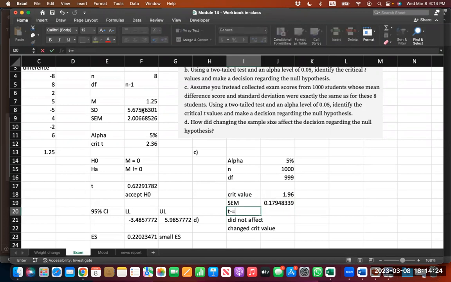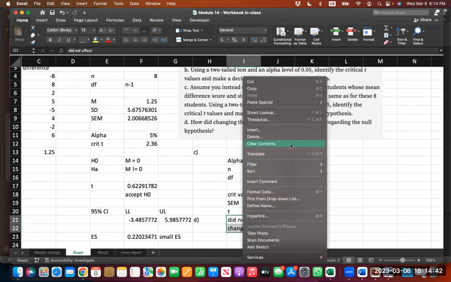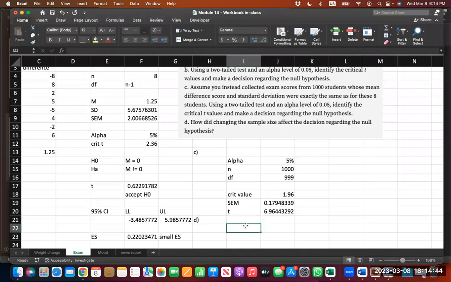And now your t is calculated as mean minus 0 divided by the standard error of the mean. We're changing this. So now we're rejecting the null hypothesis, and we have now a large effect size. The critical value remains 1.96, according to what I just explained before.